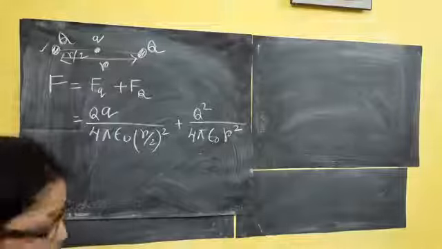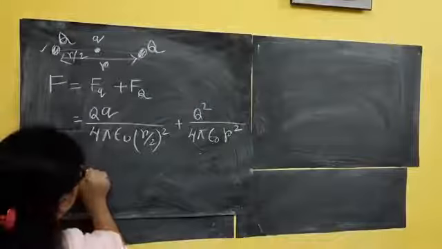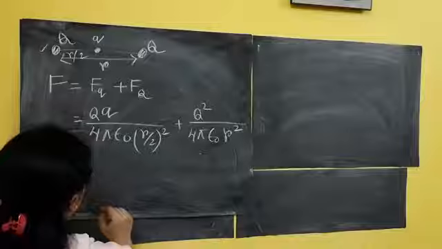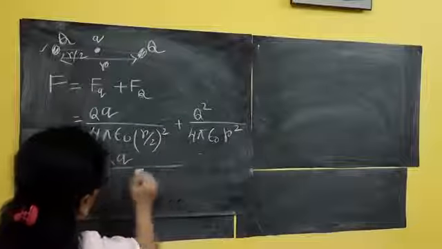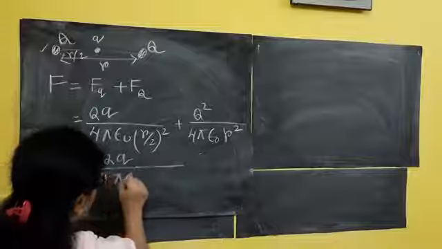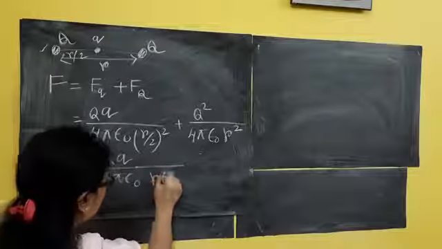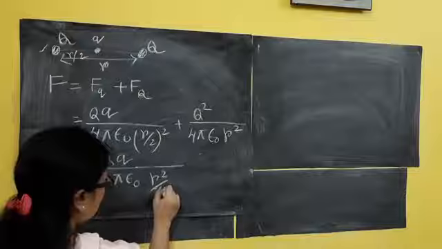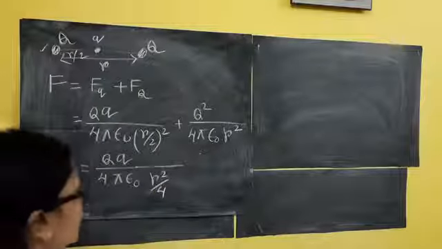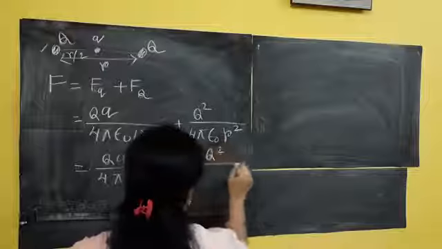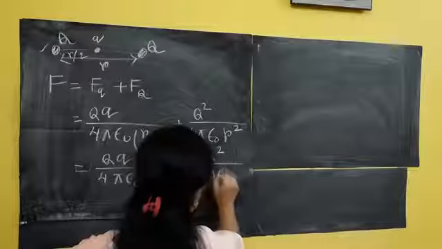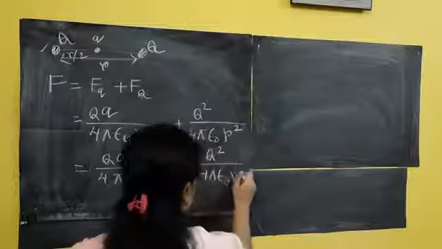So if I do that, I am getting q by 4 pi epsilon 0 r square by 4. Clear? And this will not be changed, q square by 4 pi epsilon 0 r square.